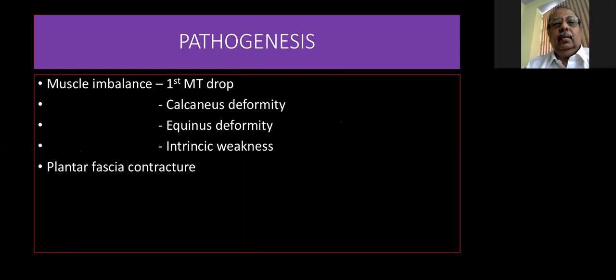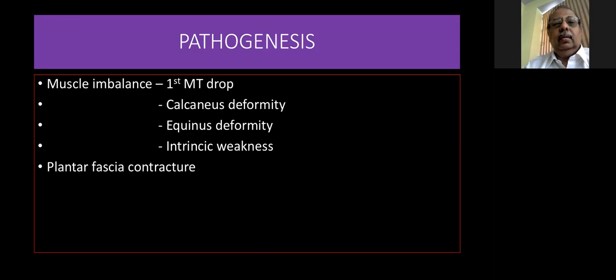So usually it is due to a muscle imbalance. The first metatarsal will drop, and the first metatarsal drop is one of the causes. Second is a calcaneus deformity, which we have already seen. When there is a calcaneus deformity, the tendency is to make the foot plantigrade, and there is a plantarflexion or dropping of the first metatarsal leading on to this deformity.